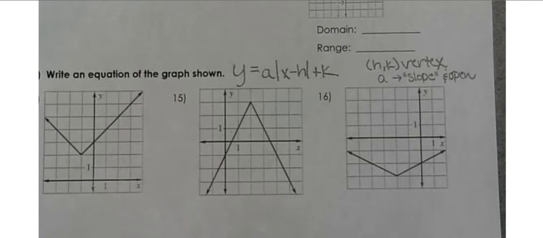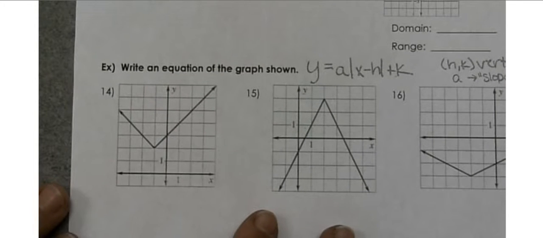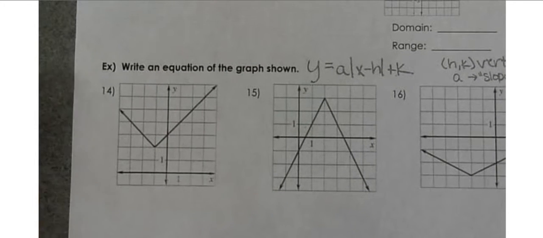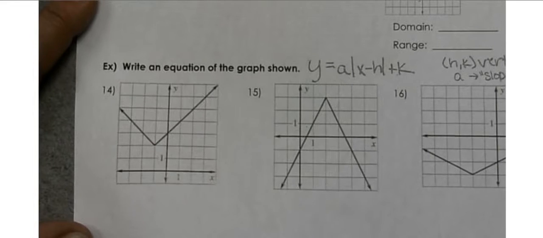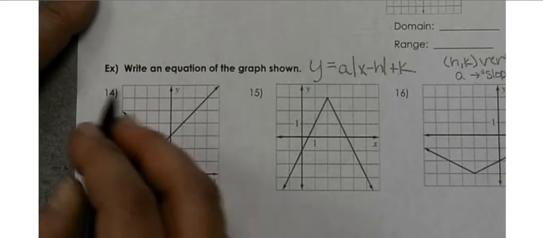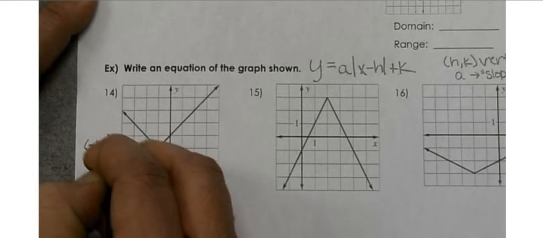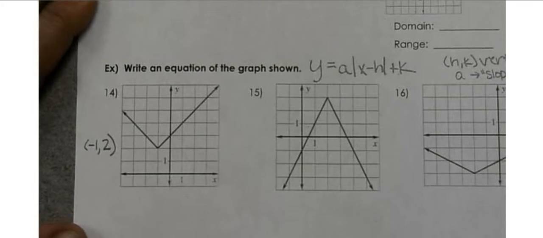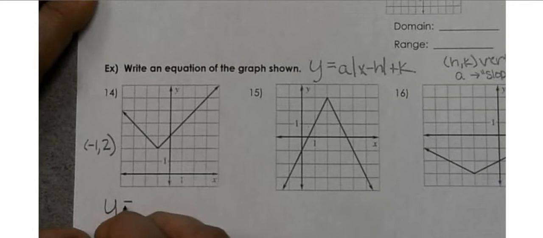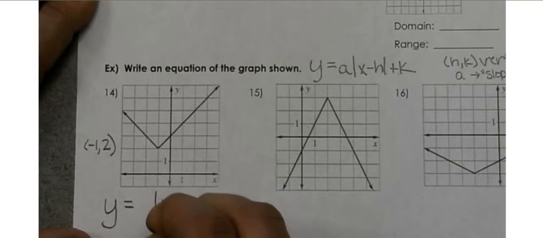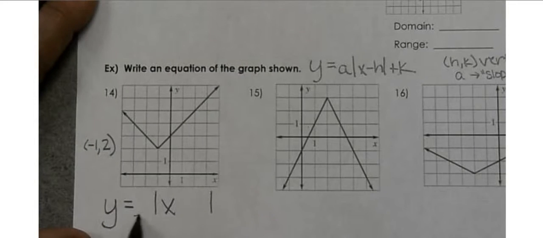Okay? So if I look at number 14, let's first identify the vertex. Our vertex in number 14 is -1, 2. So when I write my equation, I have these 3 spots that I could potentially put things in.